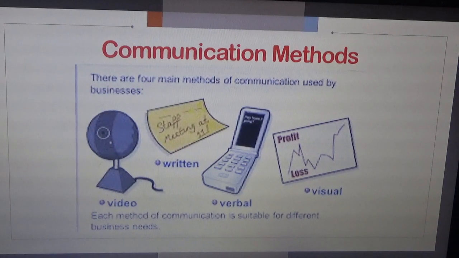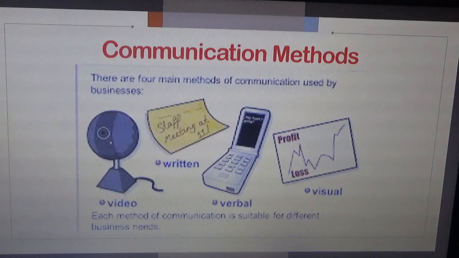We also have the visual methods of communication, and combined with the video as a method of communication. Visual methods include the use of diagrams, charts, and of course videos.